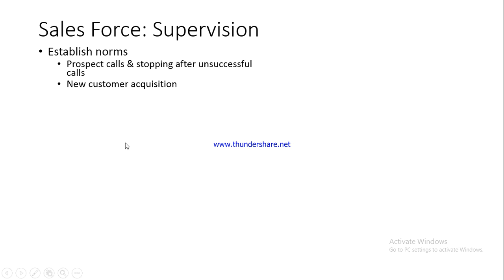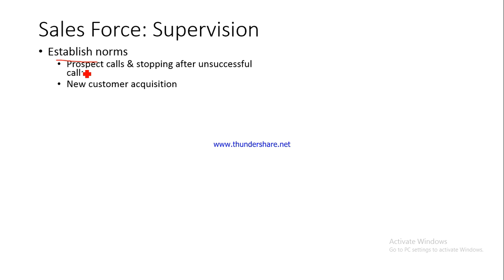So how do you supervise? You'll have to establish some norms. For example, you will have to specify what tasks have to be accomplished by the salesperson, such as how many prospect calls he should make in a particular day, week, or month.